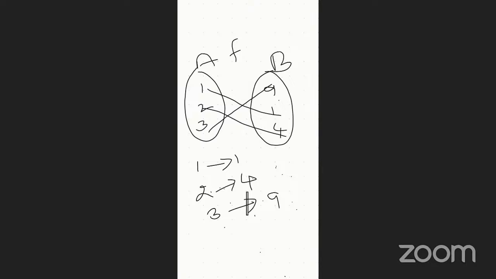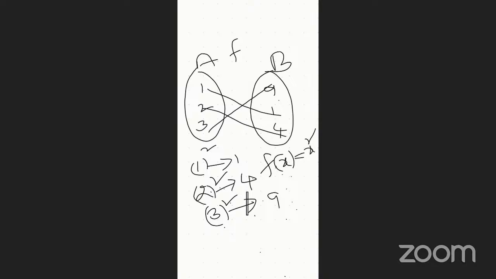Yeah, square. That means 1 square equals 1, 2 square equals 4, and 3 square equals 9. Here, what is the relation? f of x equals x square. See, the image of 1 is 1, the image of 2 is 4, the image of 3 is 9.